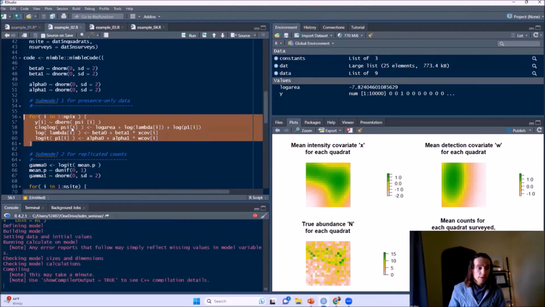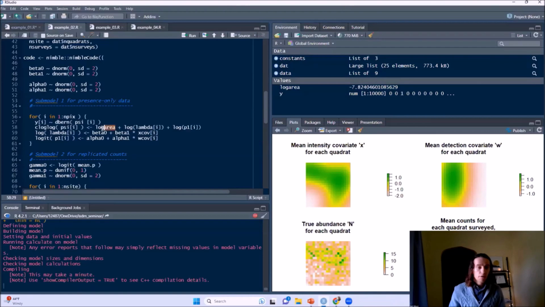And then here we model that psi as a function of the area of the pixel, log of the expected abundance, and then log of this P1, which you can think of as sort of a thinning probability. How likely is an individual to be thinned and appear in our presence-only data set.